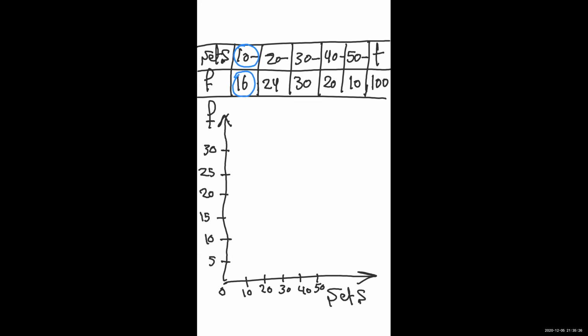I'm going to draw a rectangle. Its base is the set of 10 and its height is equal to 16, which is the frequency. Not representing points, no. So from 10 to 16, one rectangle like this.